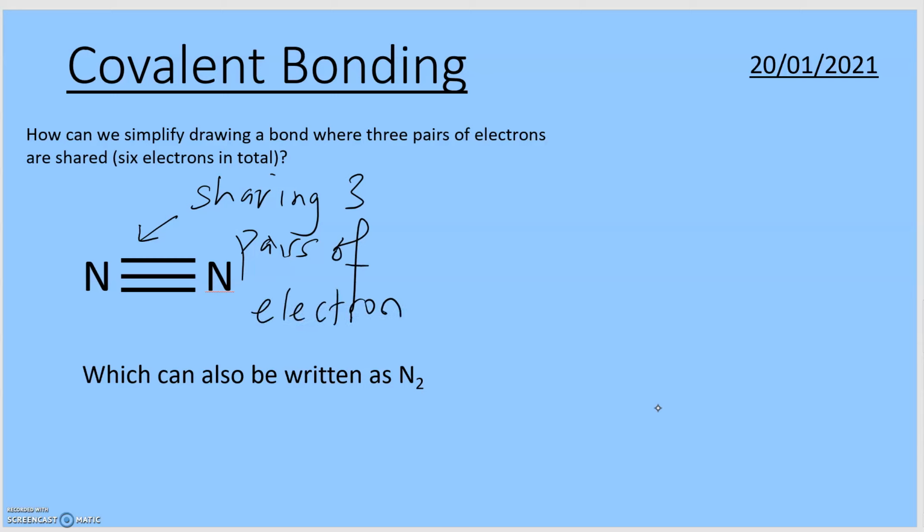The reason why it shares 3 pairs of electrons is that nitrogen has got 5 electrons in the outer shell and it needs to gain 3. So this is how we draw and represent a non-metal sharing electrons with a non-metal to get a full stable outer configuration.